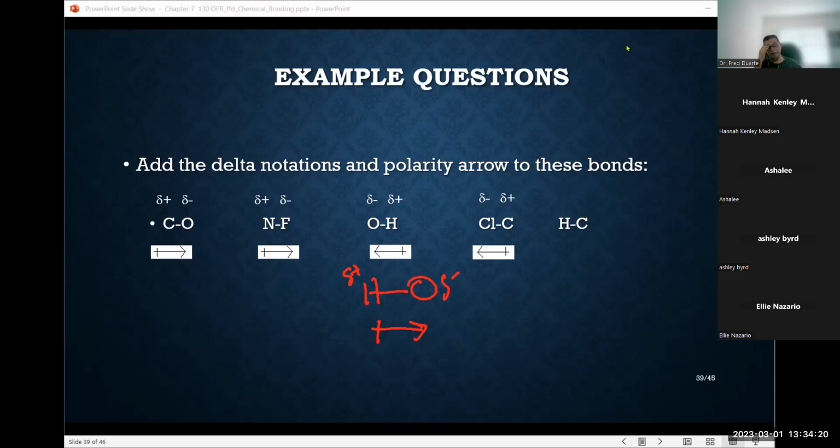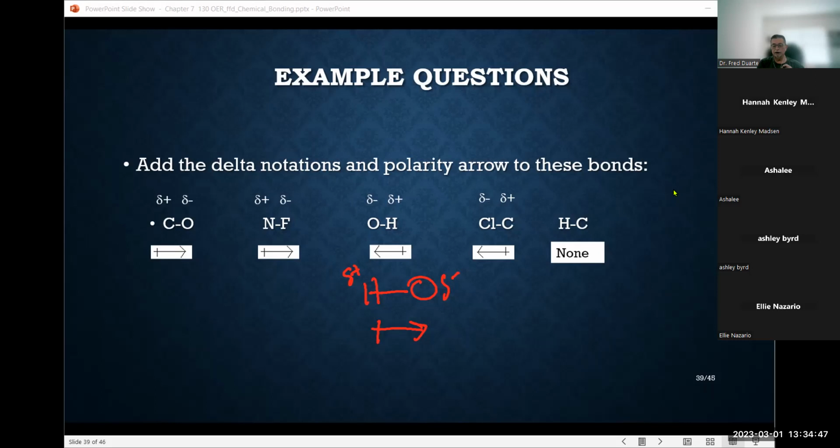If you think about it, all the oils, oil for example, is non-polar, and that is because oil is made up of a lot of carbon hydrogen bonds, which are non-polar. So in this case, we can't write a delta notation or a polarity arrow because there's no dipole.